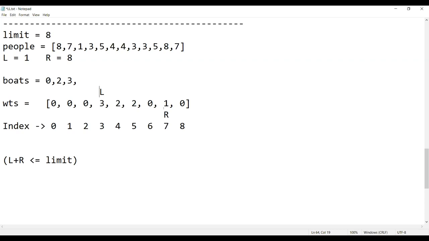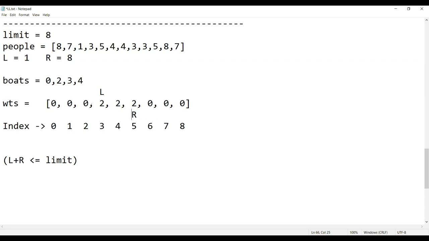In that case, I take this R value here and subtract this R value from L. So this becomes 2 and this R value becomes 0, and I add that to the boards. So this becomes 3 plus 1 will be 4. And then I shift this R pointer till I encounter any positive non-zero number.